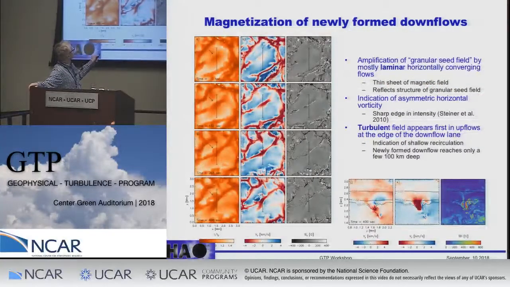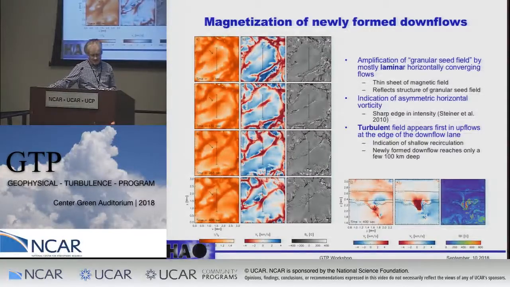First, you just see an amplification of the seed field which is present in this granule, which leads mostly to a very coherent field. You see very little turbulence. When you look at the intensity image, you start seeing that one edge of the adjacent granule becomes sharper than the other side. And it's this side with the sharper edge where at later points you see the turbulent magnetic field showing up in the photosphere of the Sun.